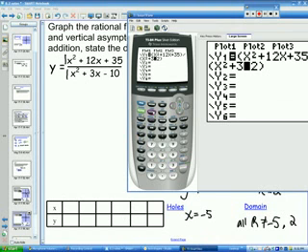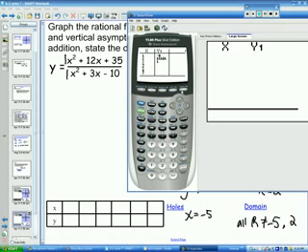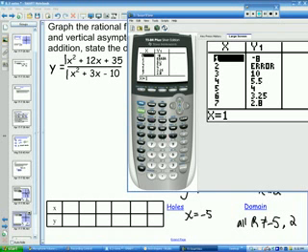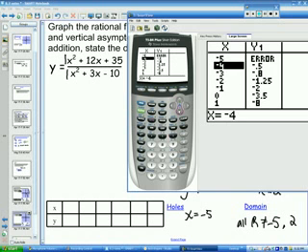Plus 3x minus 10. Right. We'll go to the table. And at 2 there's an error. There should be. That is our vertical asymptote. And I bet if we go look at negative 5 there's also an error. Good. So that's where our hole is. That's exactly what we're looking for.